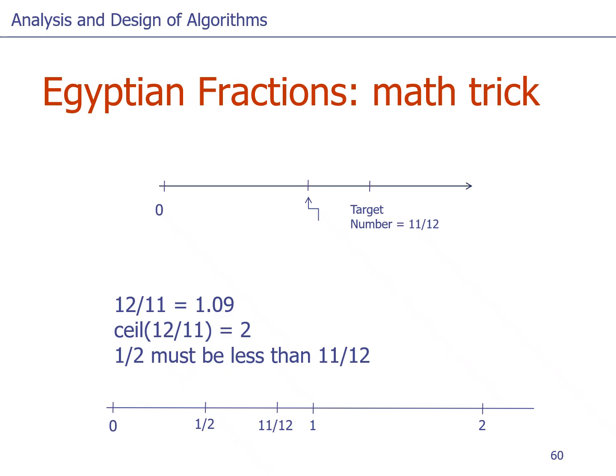So maybe you will try 1 over 20. But that's trial and error. And there's no guarantee that, first of all, you will reach a solution. Second, even if you reach a solution, you don't know if it's optimal or not. So it is better to actually start with the target number and try to do something with it.